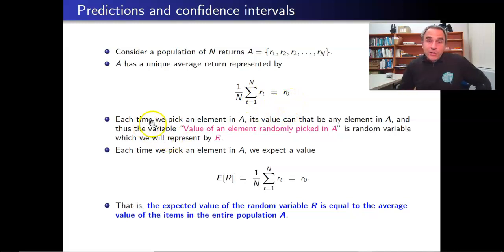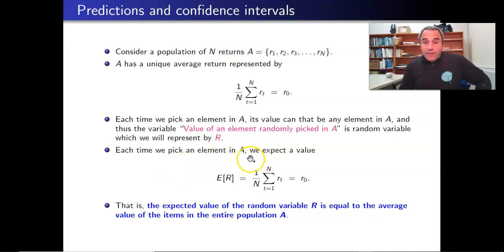Each time we pick an element in A, each time we look for a minute by minute return in the population A, its value can be any element in A. So the value of an element randomly picked in the set A is a random variable. Again, we represent this random variable by capital R.